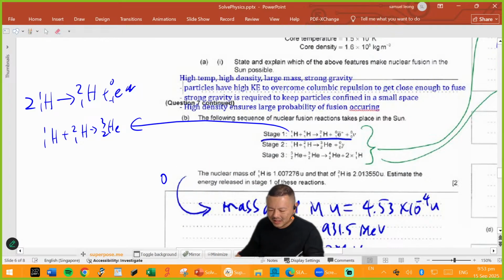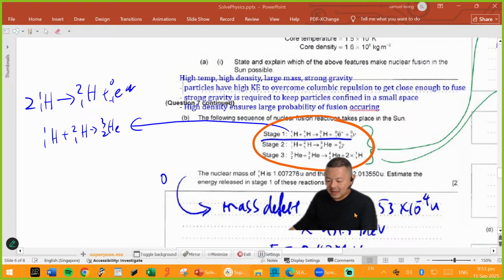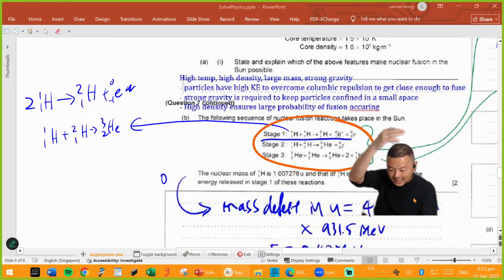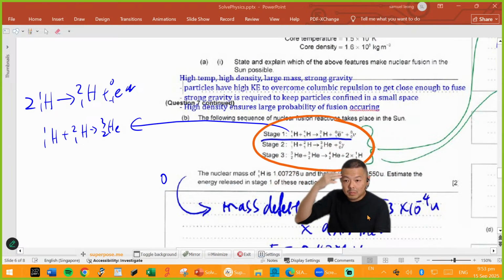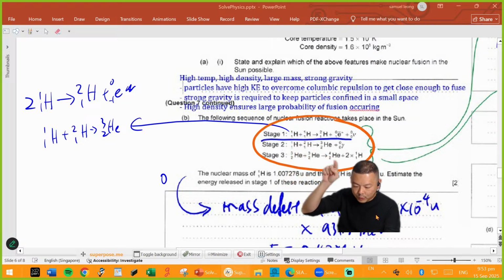It's kind of weird. Okay, so essentially I'm just going to tell you what happens here, in case it comes out and you're like, what is going on? Fusion in the sun, long story short, is basically two hydrogens fusing and becoming 4 2 helium.